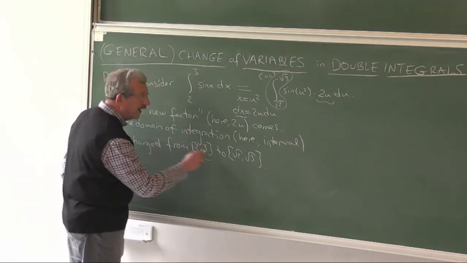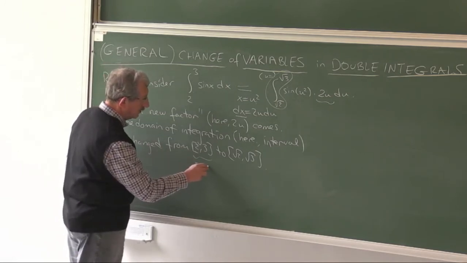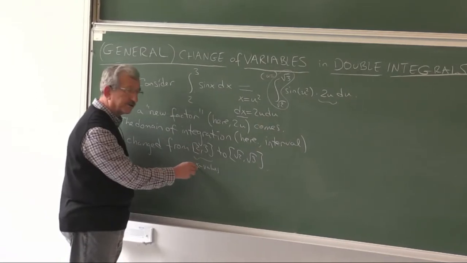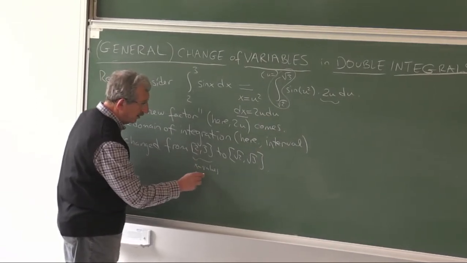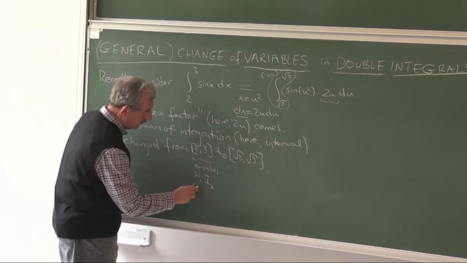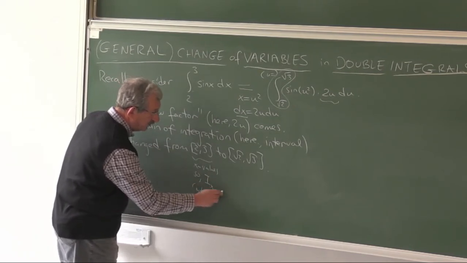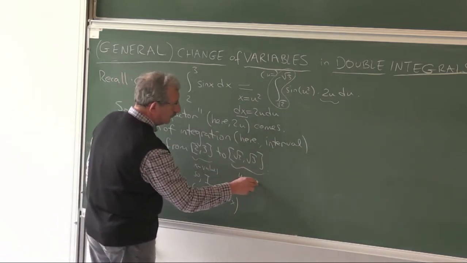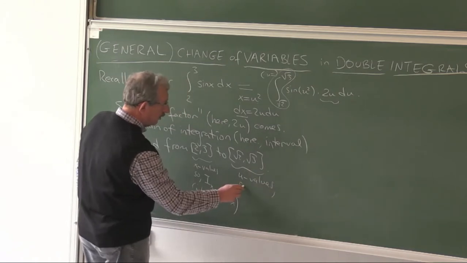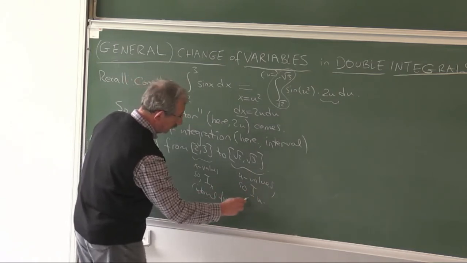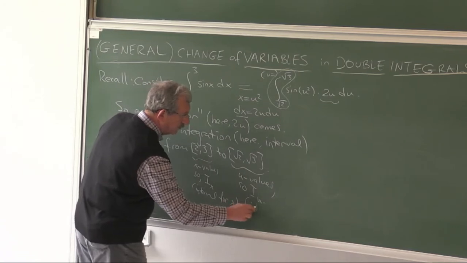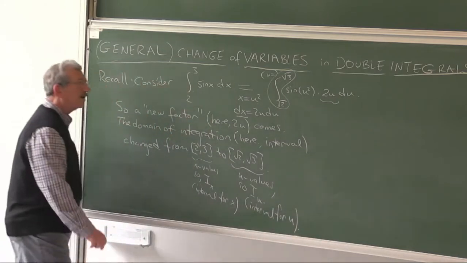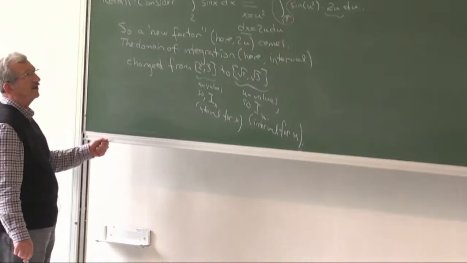These are x values, so this is the interval depending on x, the interval for x. Now, these are u values. So it is I sub u, in other words, the interval for u.